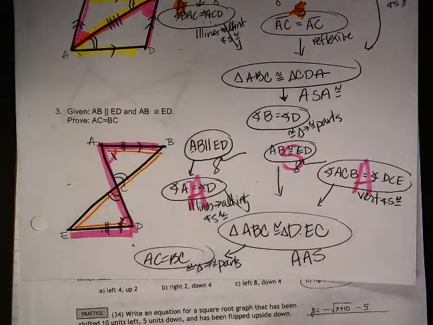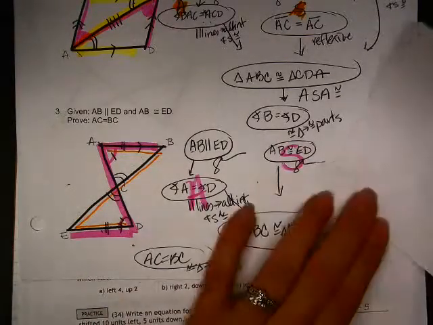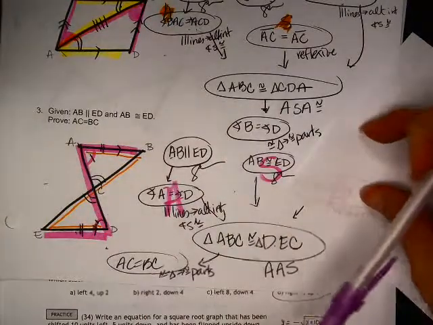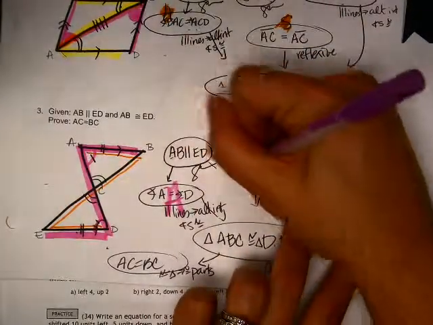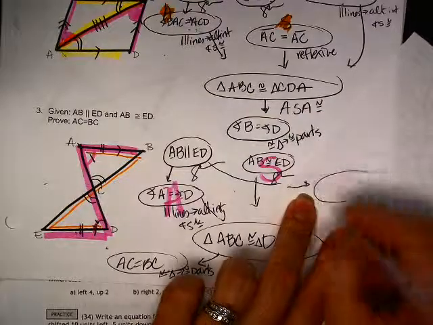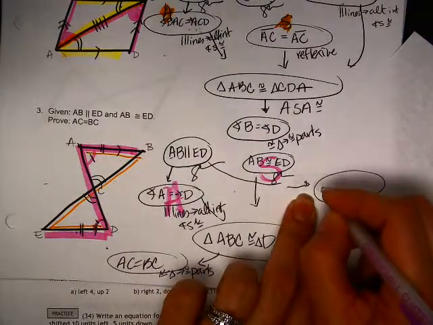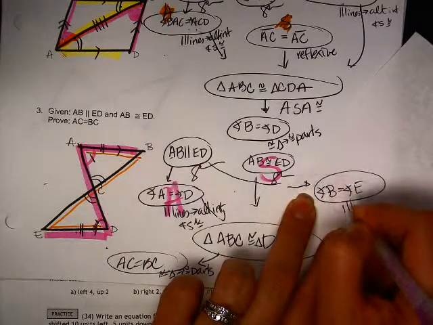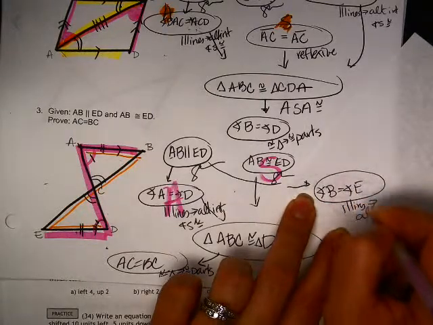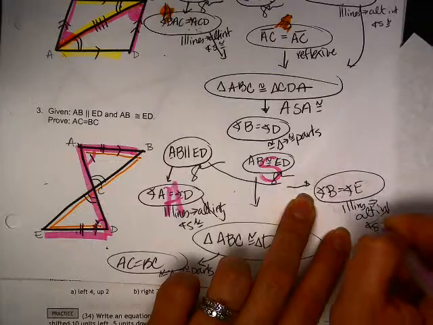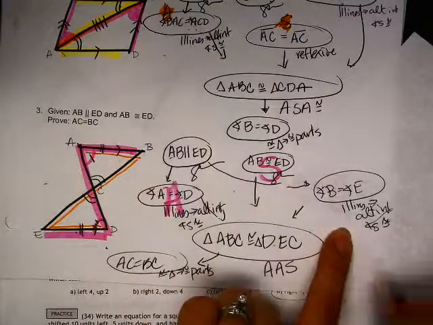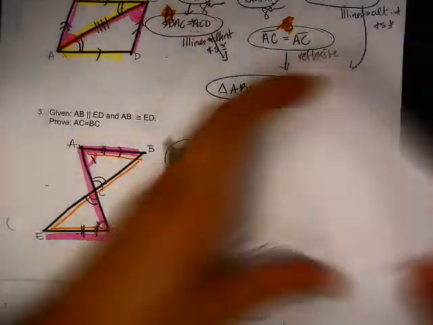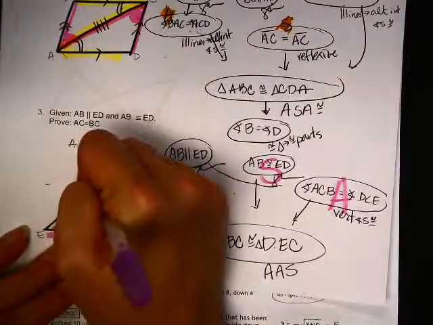Now, let's just look at option numero dos. If I didn't go with the vertical angles there, and I instead wanted to say that angle B is equal to angle E because of parallel lines, then going in here, I wouldn't have had that.